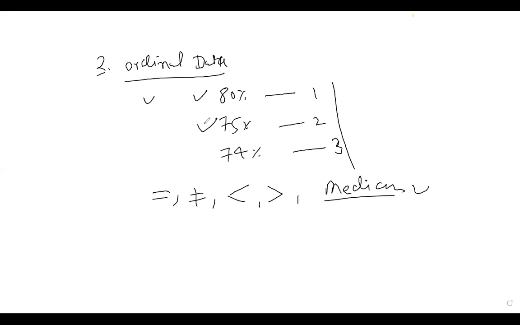So we cannot use multiplication properties. We cannot say plus or minus property. I cannot say rank holder 1 is 2% more intelligent than rank holder 3. So we cannot use plus minus.